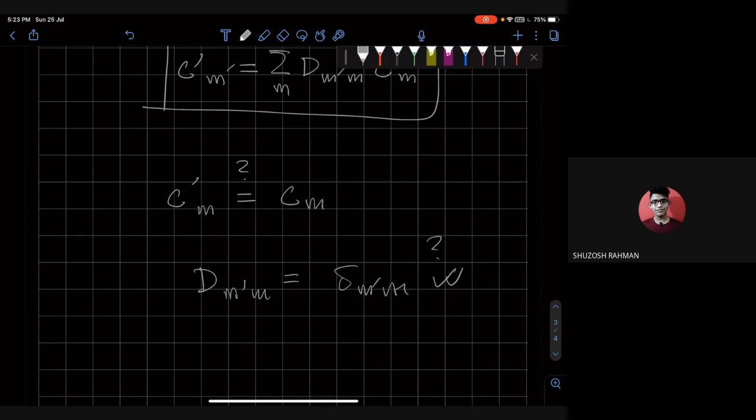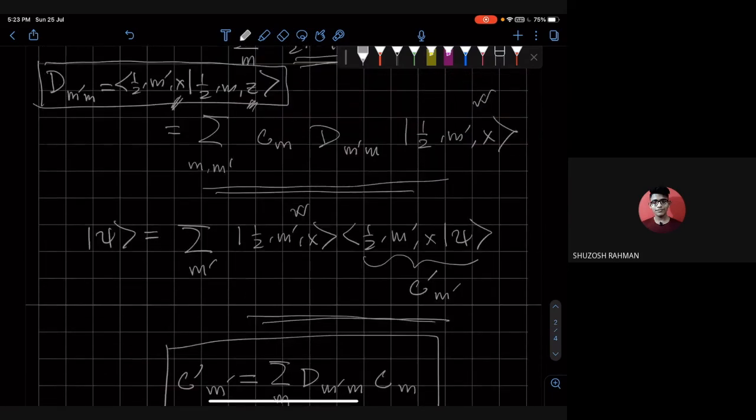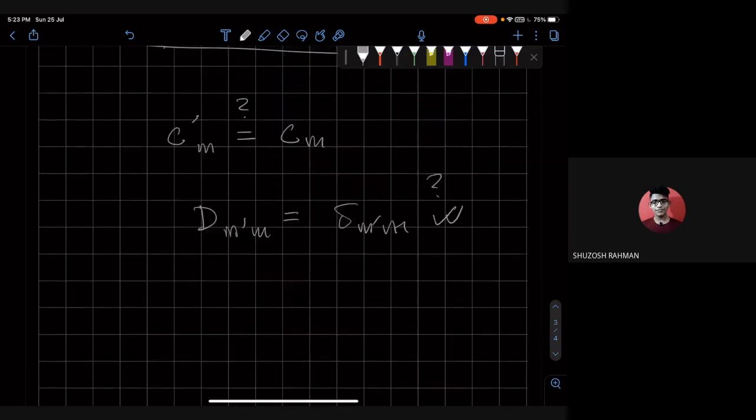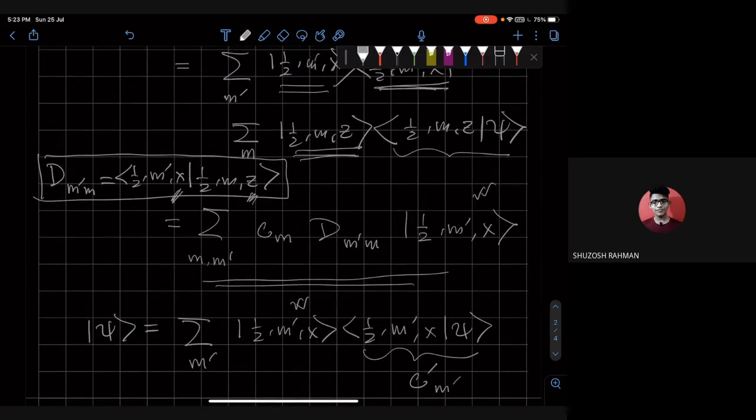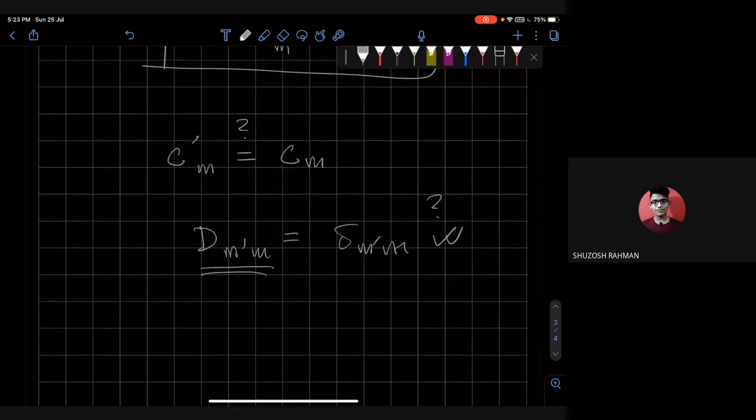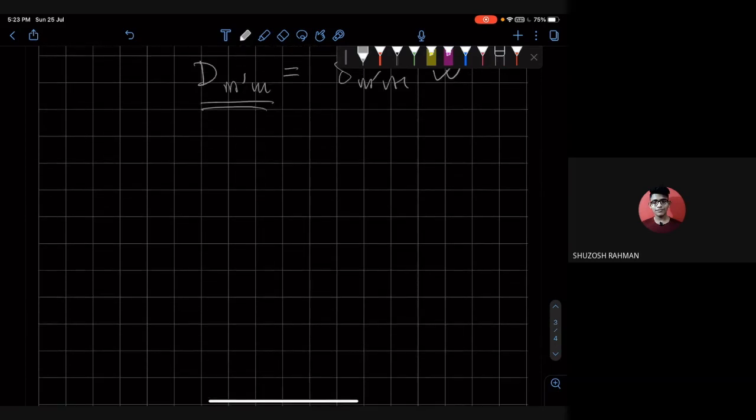You know what the relationship between the X basis and the Z basis is. So let's just remind ourselves what this thing is again. D M prime M is half.